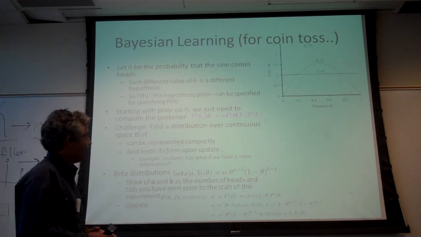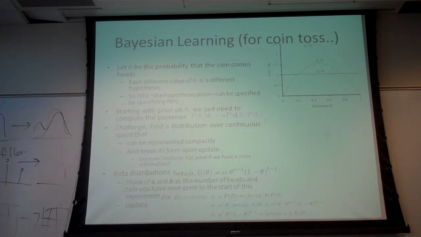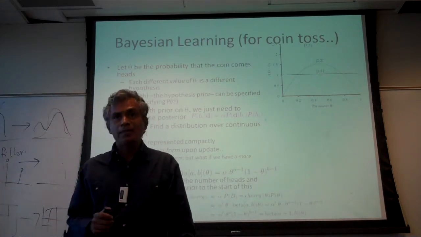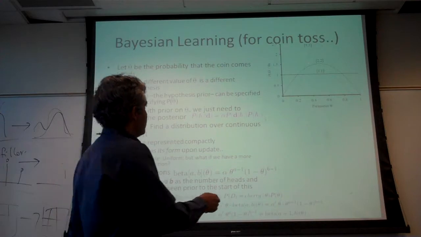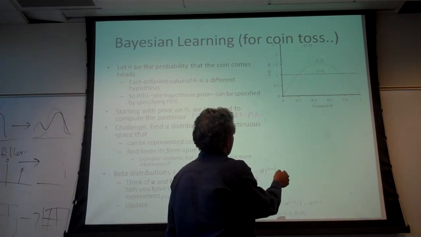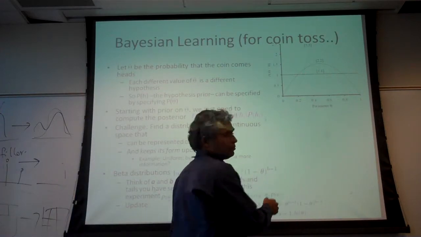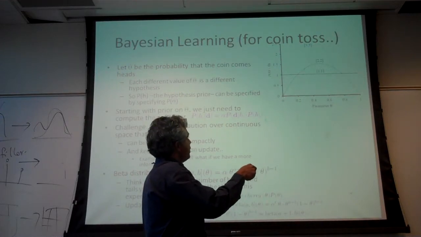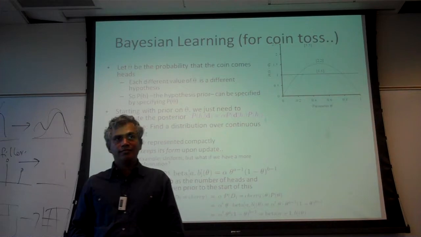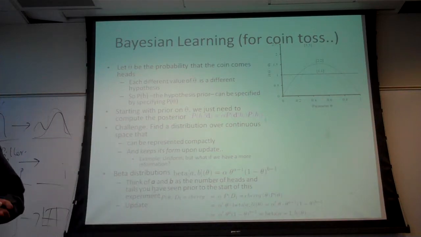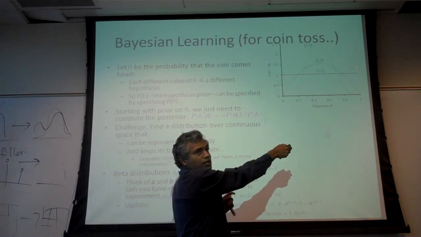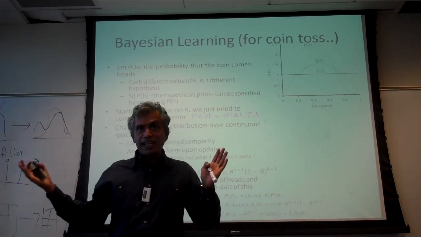But the interesting thing is, if you were to consider the beta distribution for different hyperparameter values, it looks like this. Here is beta 1, 1. And this is beta 2, 2, and this is beta 5, 5. So beta 1, 1 is what you thought originally: you assumed that theta is pretty much anywhere.